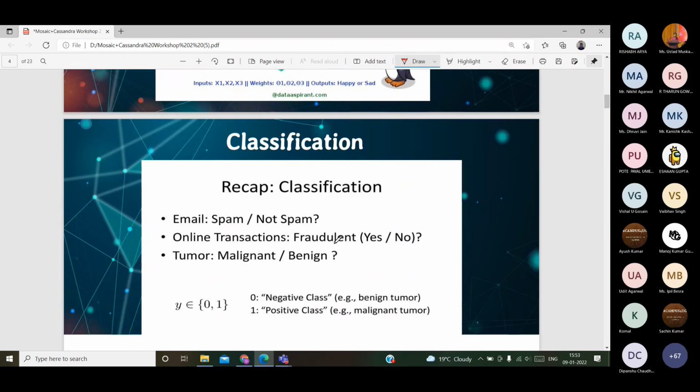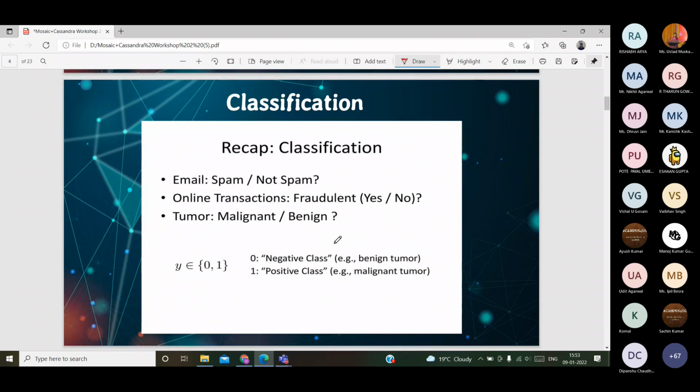Basically it is a classification problem. Though its name is logistic regression, it is a classification problem. It classifies whether something belongs to a positive class or a negative class. For email, it is spam or not spam; for transactions, fraudulent, yes or no; for a tumor, malignant or benign, very serious or not.